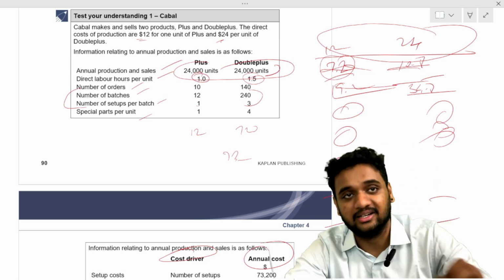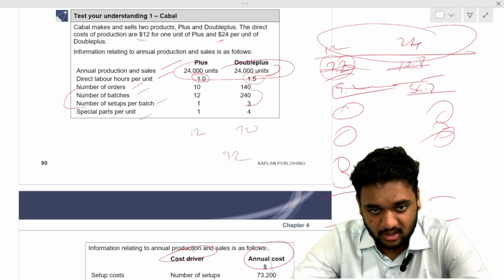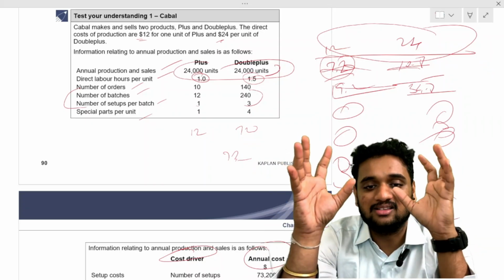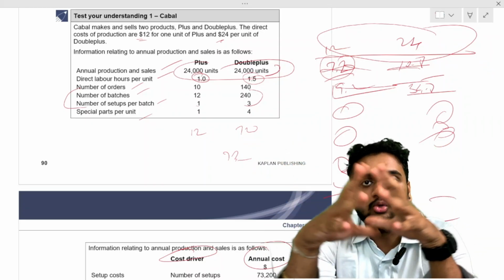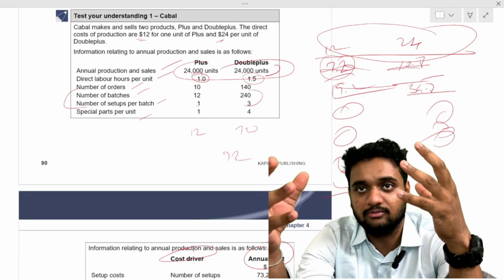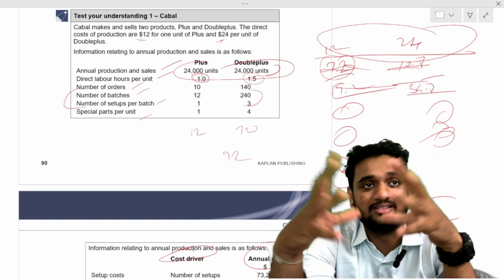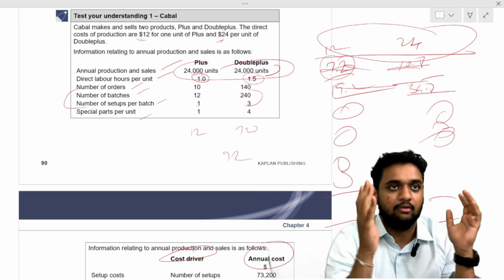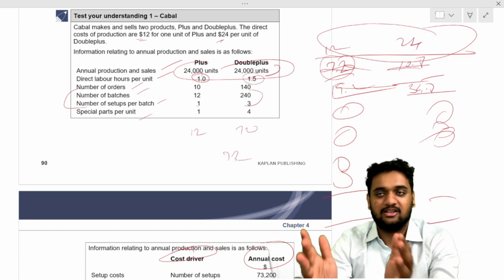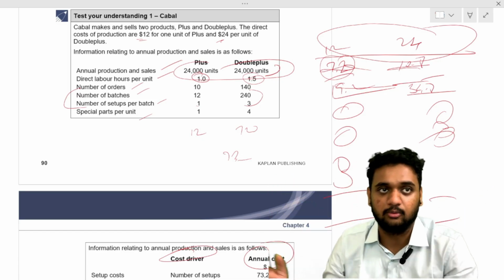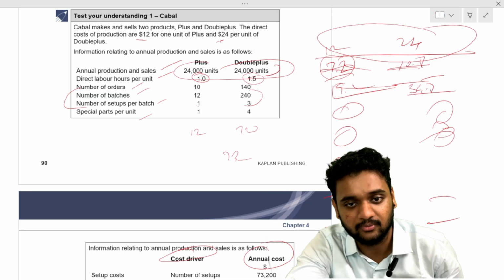First, you have to know what a setup means. Number of batches is 12 batches. So I will produce my units in 12 batches, not batches of 12. First I will do one batch and produce some units, then the next batch, like that 12 batches.